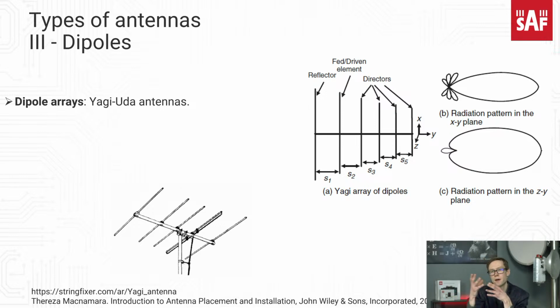And there are directors in order to improve this directivity, to send the signal in the desired direction. So we can see the radiation pattern is directed to one single main beam, not like in the case of the dipole, where it is omnidirectional.